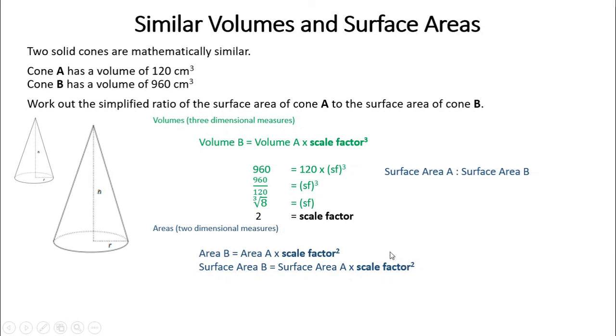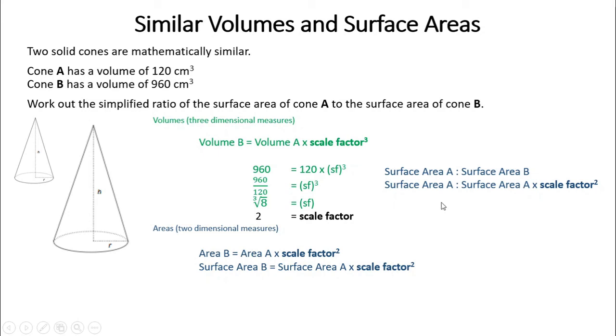And the scale factor squared is a number I can work out. Scale factor is 2, so the scale factor squared must be 2 squared. So I'm going to go ahead and substitute that in here. Surface area of A to surface area of A times scale factor squared, right? If anybody's lost, this is taken directly from the definition of similar shapes down here. One surface area is equal to the other surface area times the scale factor squared.